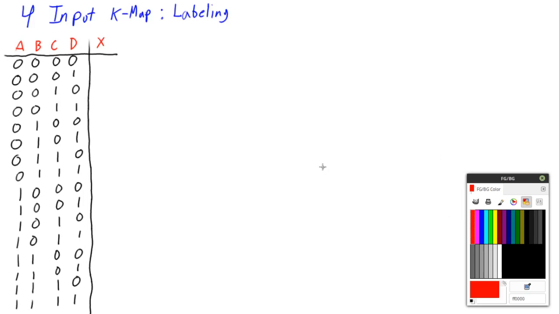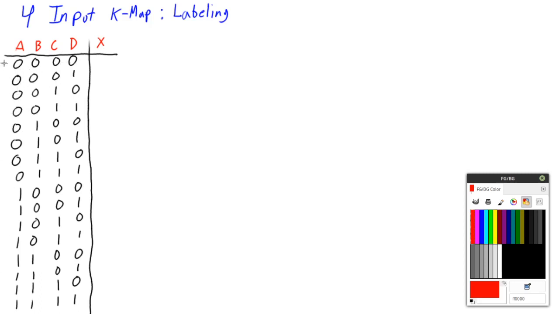So before we really get into our four input K-map example, one of the first things I want to talk about is a more express way to label our K-maps, and consequently how we label our truth tables, just to make things a little bit easier. So we know that each one of our rows has a number that corresponds with it, and that's just the decimal equivalent of this binary number, right?